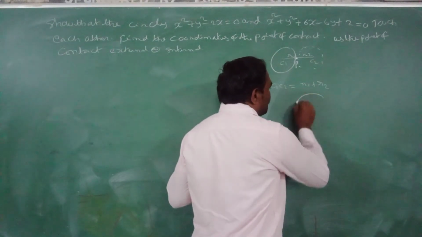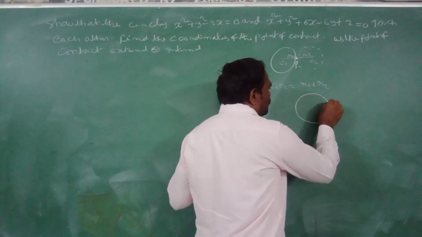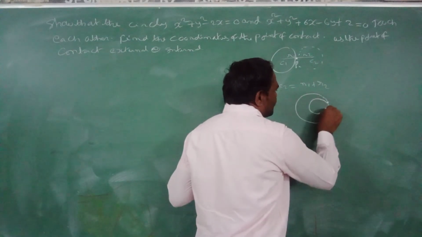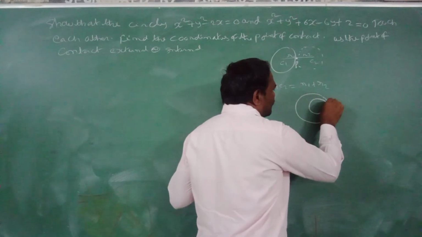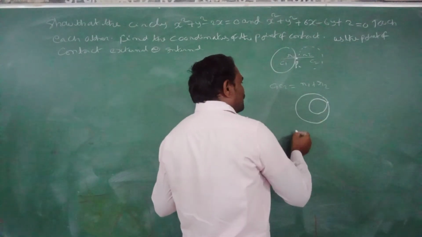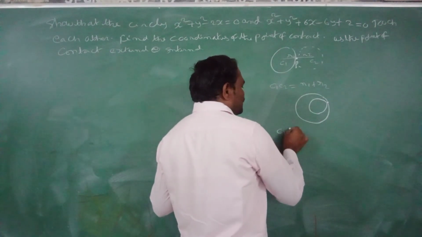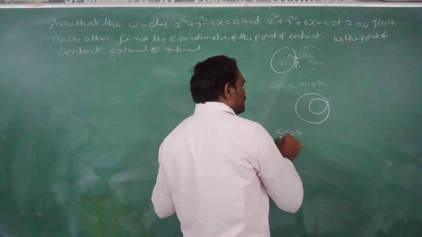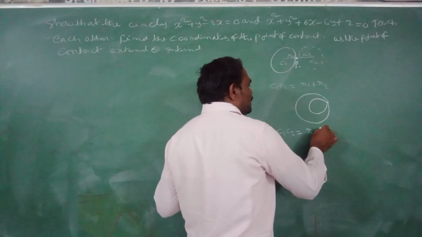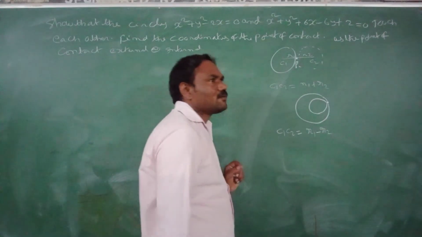For example, two circles touch each other internally. The condition is the distance between C1 and C2 is equal to modulus of R1 minus R2.